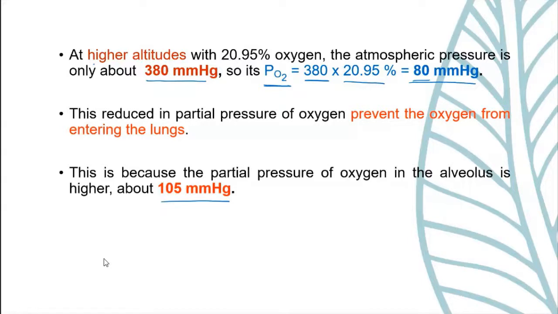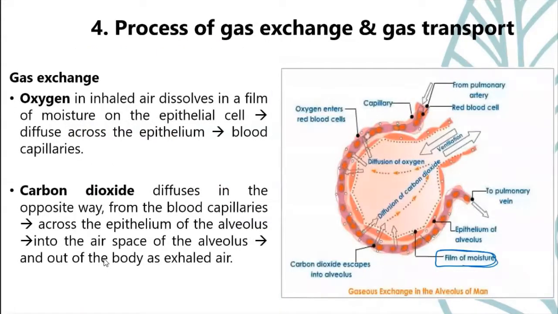The partial pressure of oxygen is lower, 80, compared to your lung at 105. This reduced partial pressure of oxygen prevents oxygen from entering the lung, because the partial pressure of oxygen in the alveolus, 105, is higher than at higher altitude, which is 80 mm mercury. So you have to gasp for more air, or be forced.